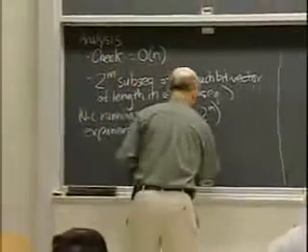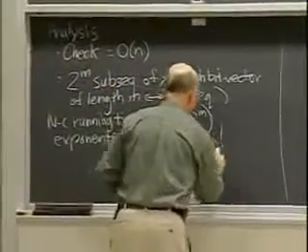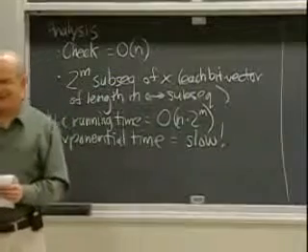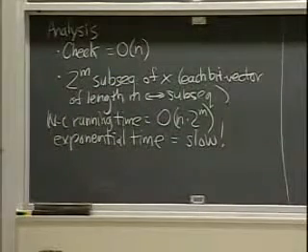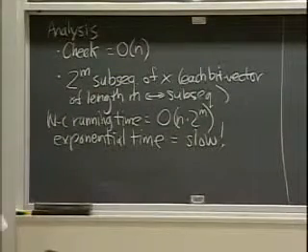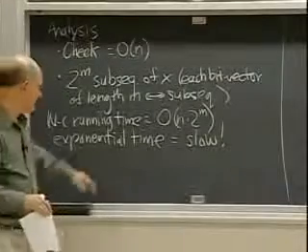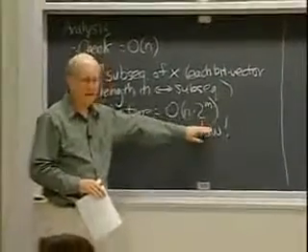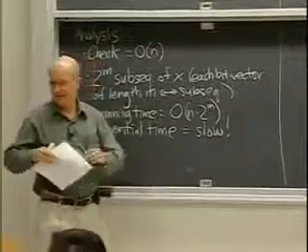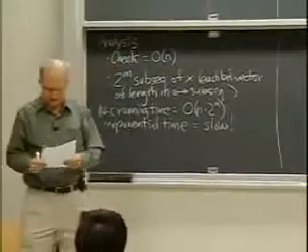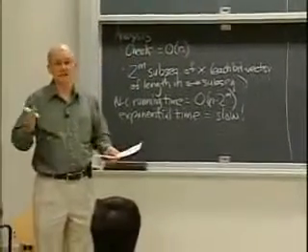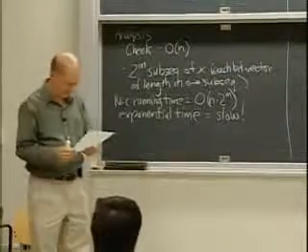Slow, good. Okay, very good. Okay, slow. So this is really bad. This takes a long time to crank out how long the longest common subsequence is because there's so many subsequences. Okay?